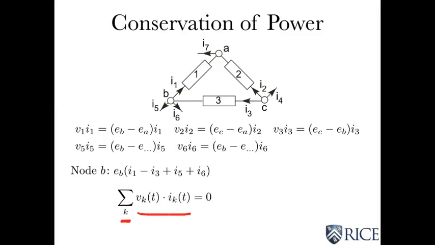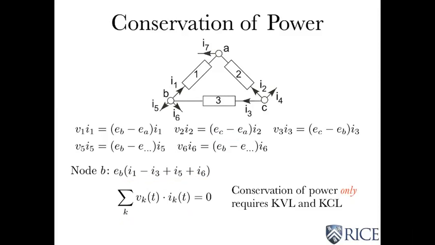What we used were the node voltages, and then when we group terms, we use KCL. Using node voltages implies KVL. So it turns out the only thing that was required to prove that circuits conserve power is KVL and KCL.